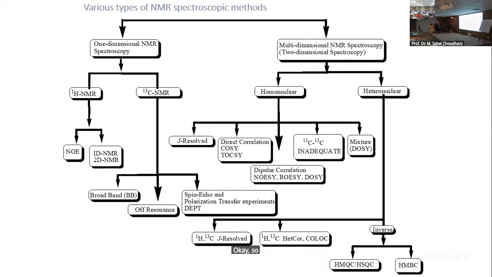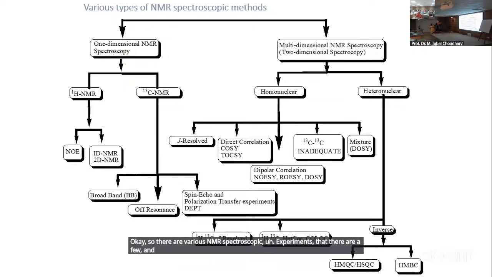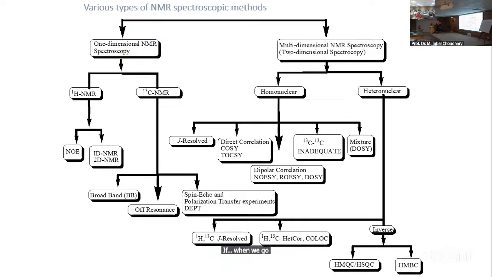Okay, so there are various NMR spectroscopic experiments. I told you, when we take you to the NMR lab, we'll show you there are at least 1,000 NMR experiments in its library. But you need to identify that you want to do this experiment and that experiment. That's your work to do.